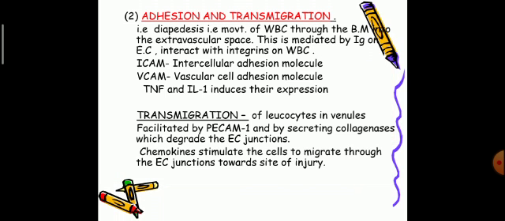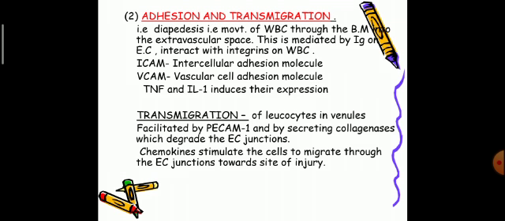So the second step is adhesion and transmigration. That is due to diapedesis, i.e. movement of the WBC through the basement membrane into the extracellular space. This is mediated by the immunoglobulins on the endothelial cells interacting with integrins on WBC. There are ICAM and VCAM, that is intercellular adhesion molecule and vascular cell adhesion molecule.